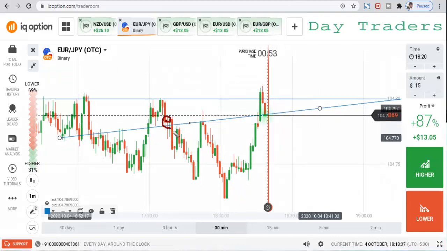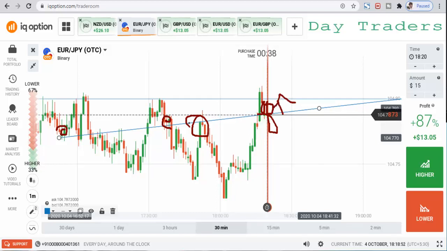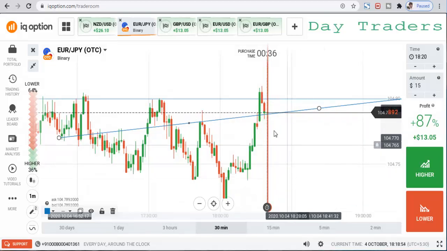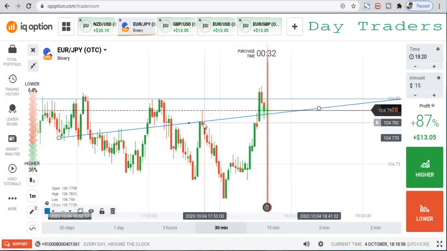You can see this is respected, and this is also respected. Okay, this is a very strong candle. Sometimes it goes further down. So after a bullish candle, you can try to place a higher option. Okay, this is a very strong rejection.